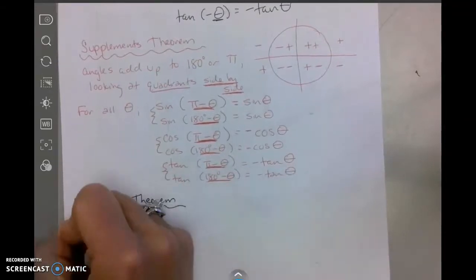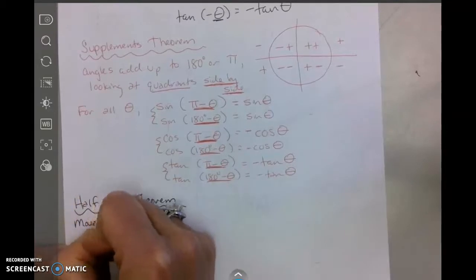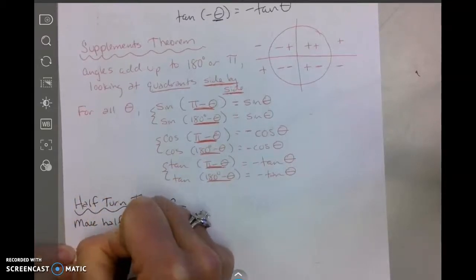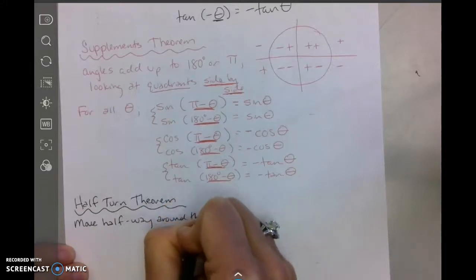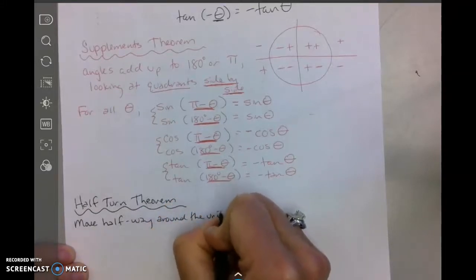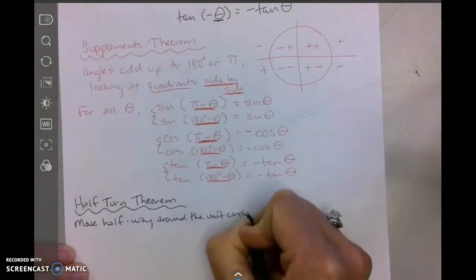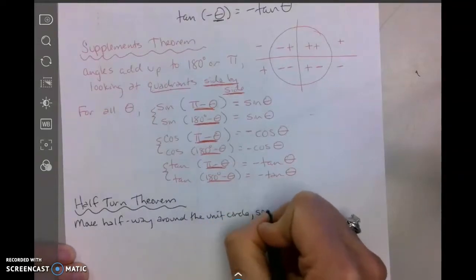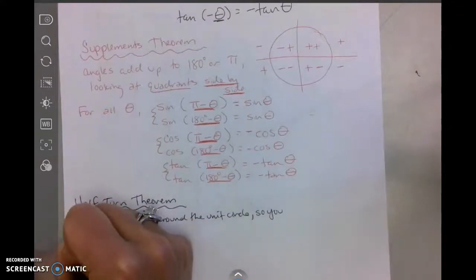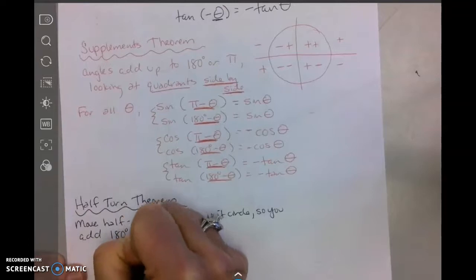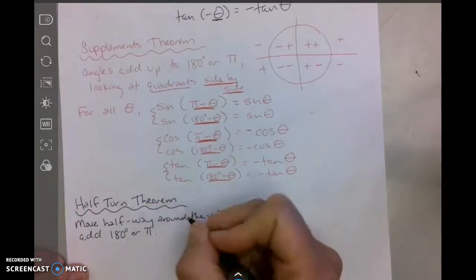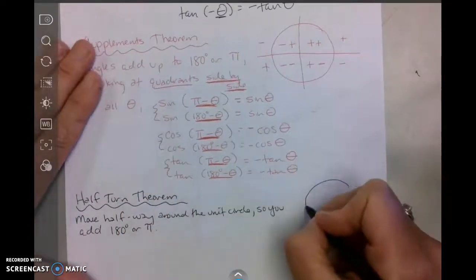And my half-turn theorem is when I move halfway around the circle, around the unit circle, so you add 180 degrees or pi. Okay? So let's look at that.